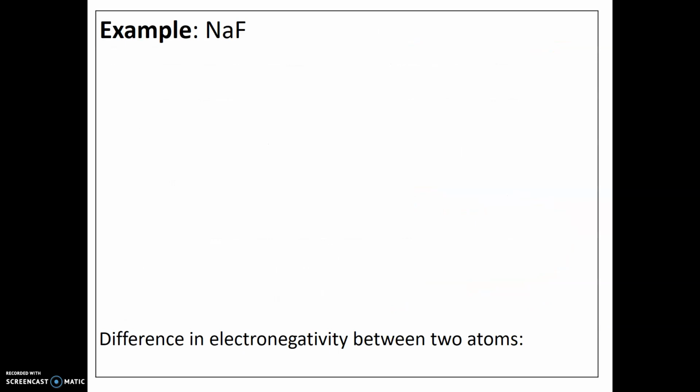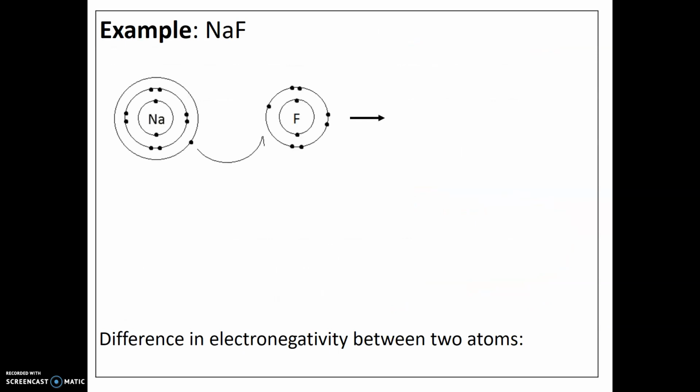So we're looking at sodium fluoride. Sodium does not have a full valence shell. It wants to get rid of that one valence electron. Fluorine wants to accept one valence electron. There's not going to be any sharing because of the difference in electronegativities. There's now going to be an actual stealing of that valence electron to fluorine because it has such a large electrostatic difference.